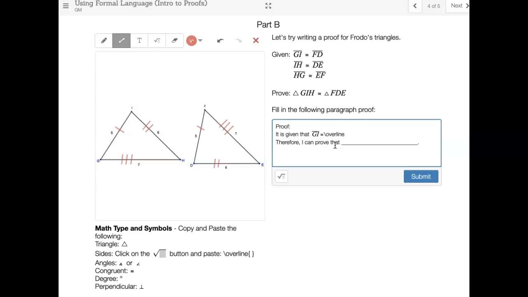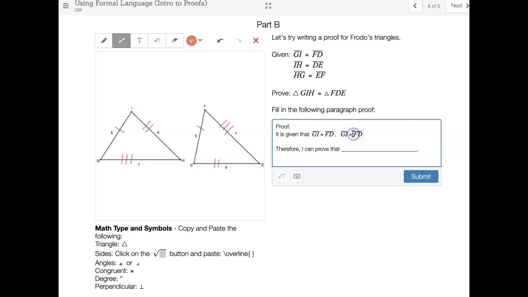Oh, I know why, because I need to paste it inside of this little box with the radical thing. But GI is congruent to FD, so change GI to FD, and then let's see if this works. If I copy and paste, apparently I can't copy everything. Oh, okay, maybe I can. Let's see what happens here.